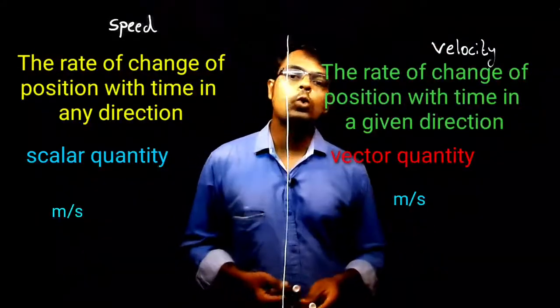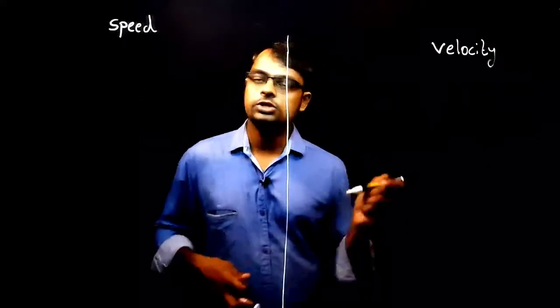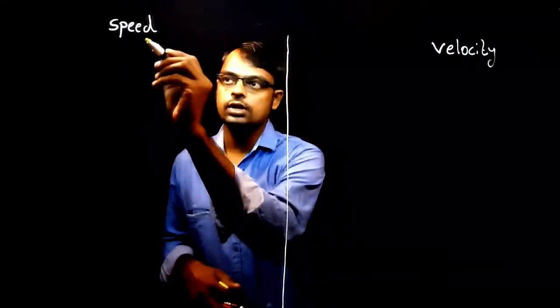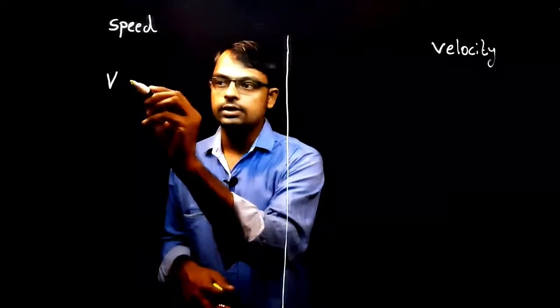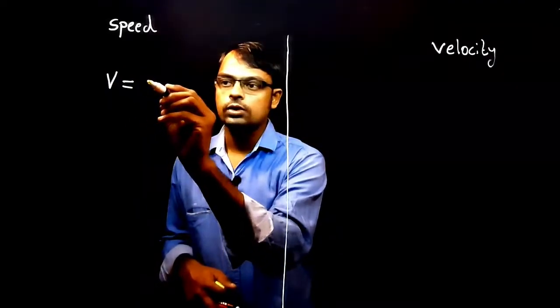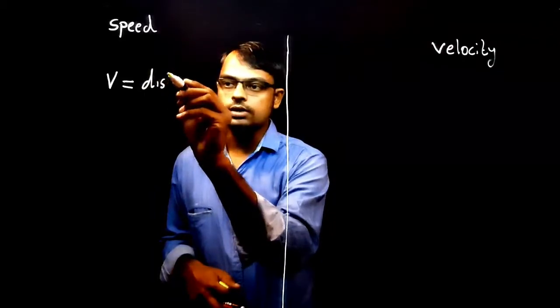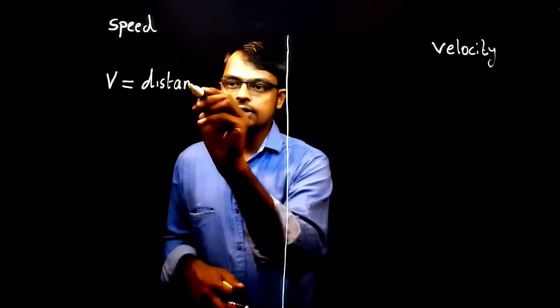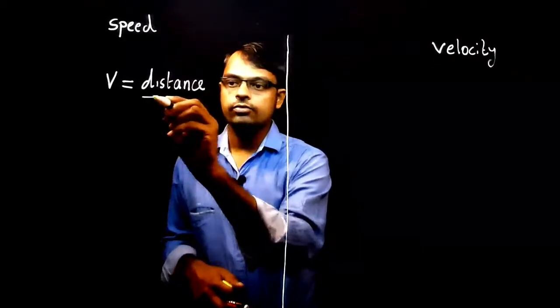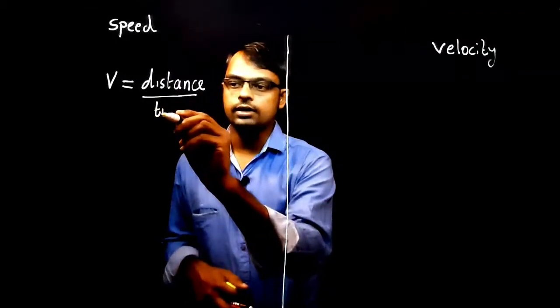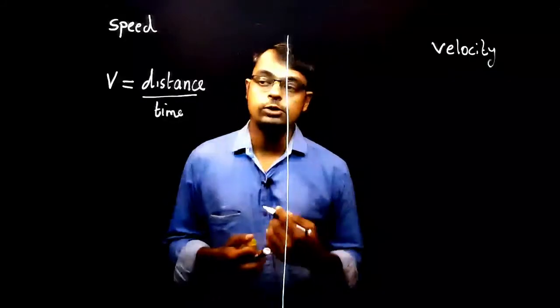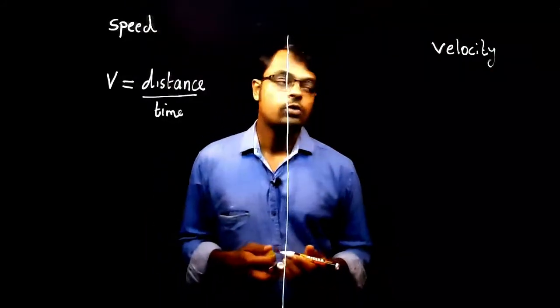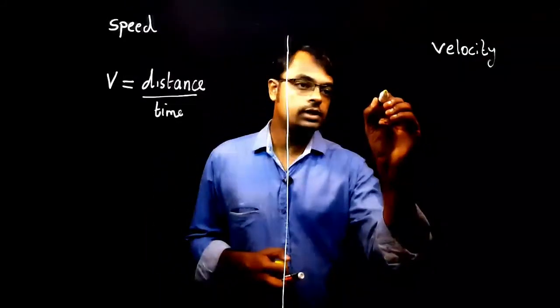Now let's discuss the formula we use to calculate speed. Speed we represent as v. v is equal to the distance traveled, or we can simply write it as distance divided by time taken: the distance traveled by the object divided by the time taken to travel that distance. What is meant by velocity?